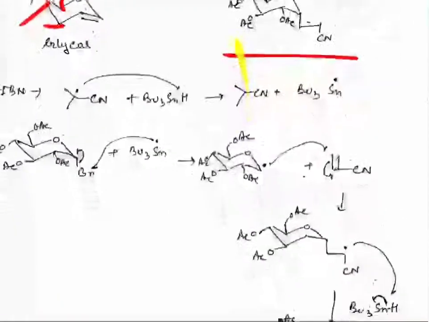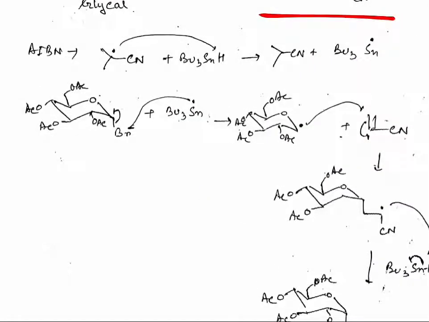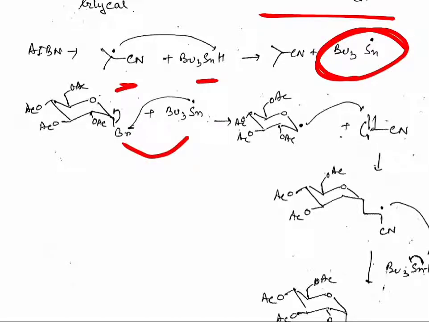Now I am telling you the mechanism. At first, this radical will snatch a hydrogen from this. Then this will become a radical. Then this radical will attack the bromine. After that, the bromine will give its electron here.